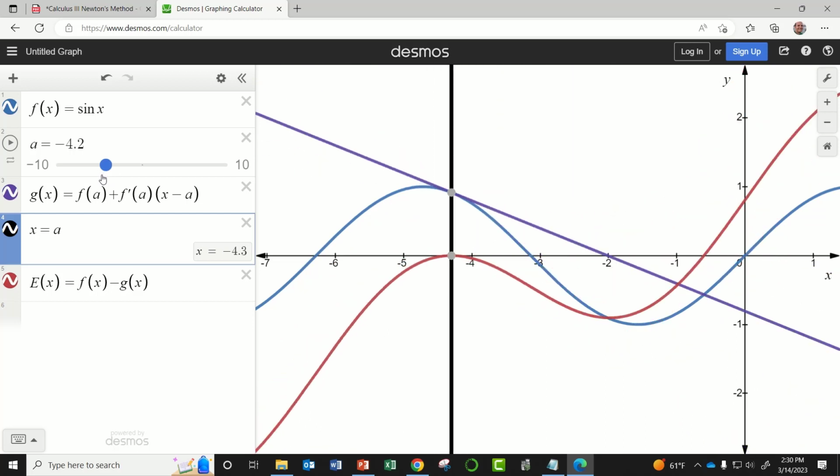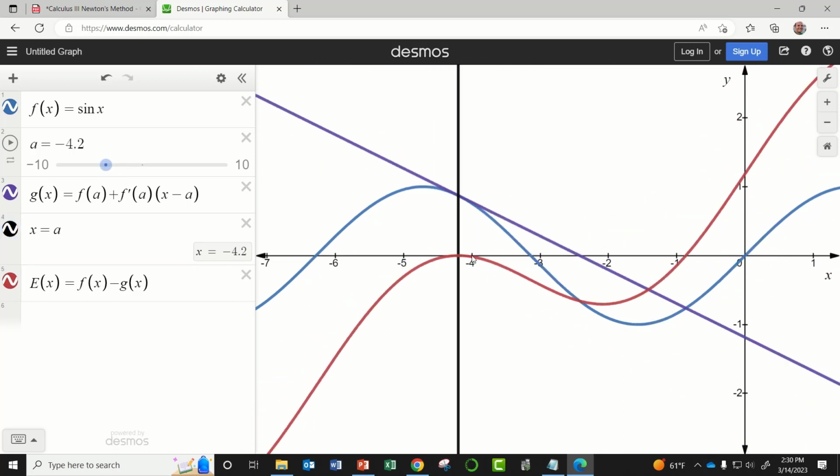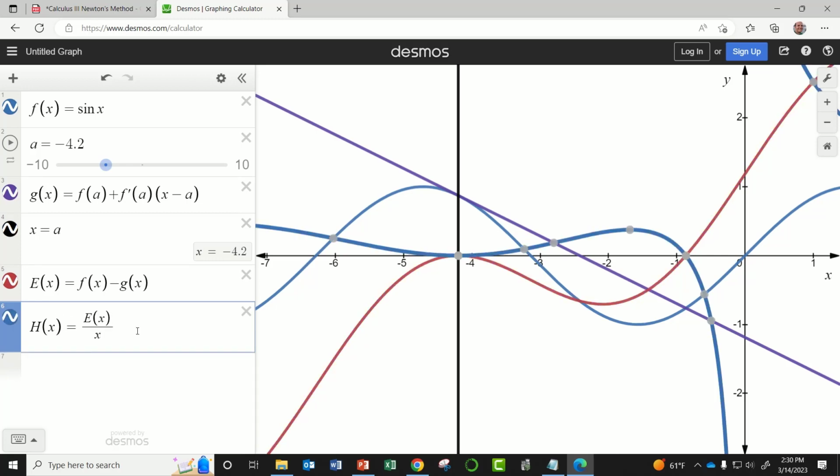But what I also promised is not only that the limit, as we get to this point on the red curve, is 0, but I said, what if I even take the error term and I divide it by x minus a.